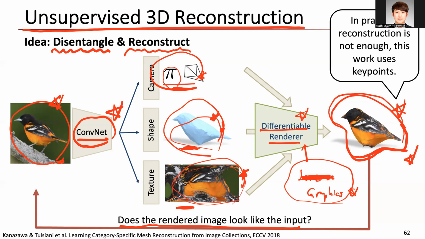In practice, reconstruction is not enough because the quality of this 3D information is not enough. So this work uses keypoints, not input pixel values. But in this paper in ECCV 2018, the proposal is relatively good, as you can see here.